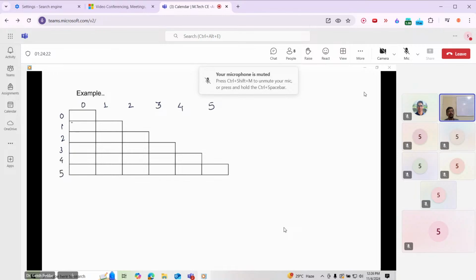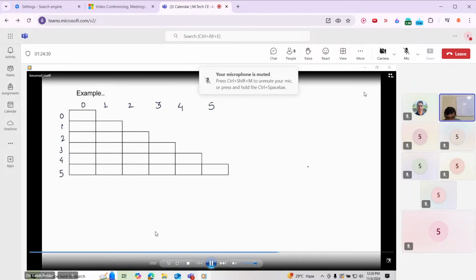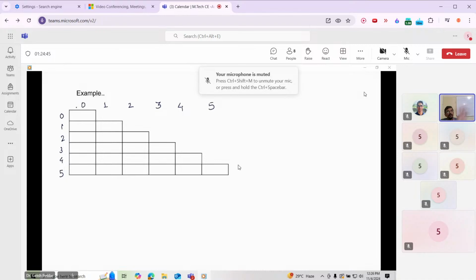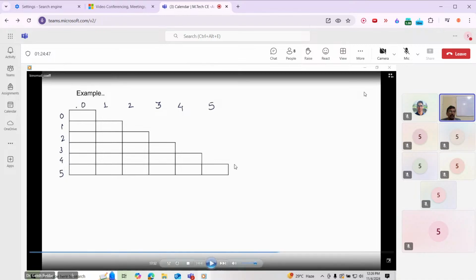The rest of the elements of this n by n matrix are removed because they are not going to be computed at all. As I was saying, I can use a lower triangular matrix or an upper triangular matrix. Because n was 5, though I am starting from 0 index, it is an n plus 1 by n plus 1 matrix.